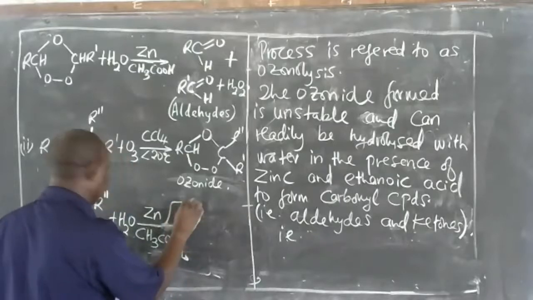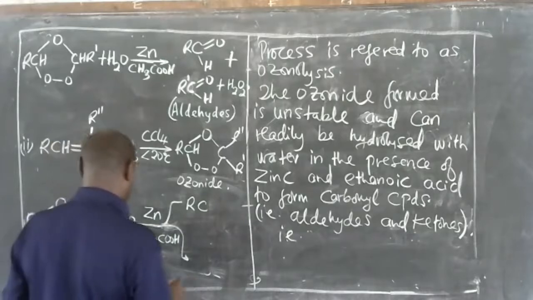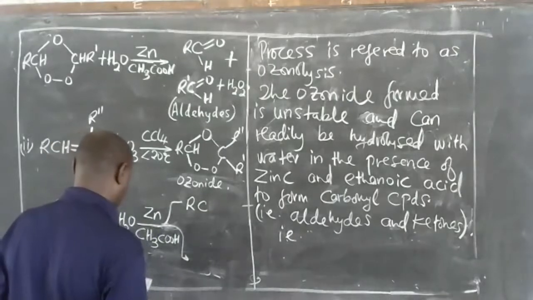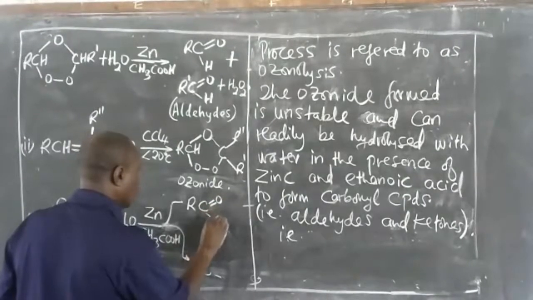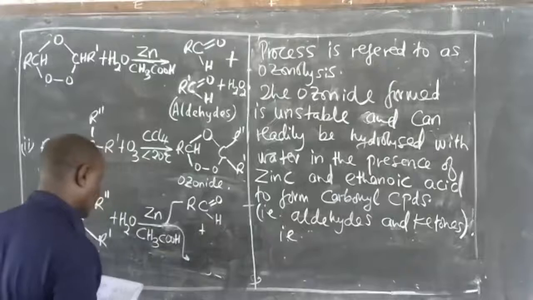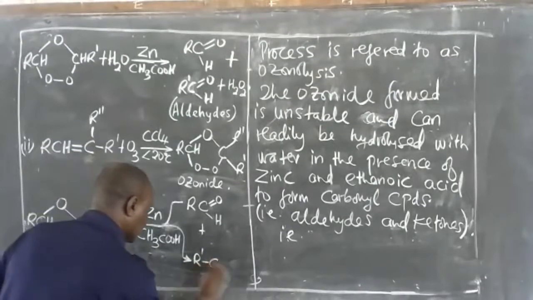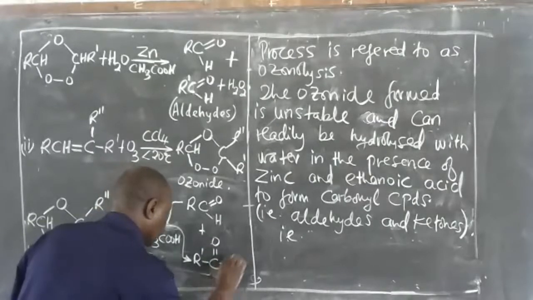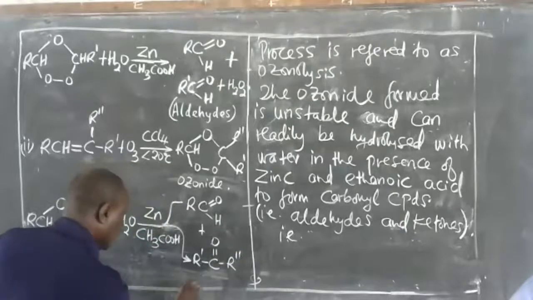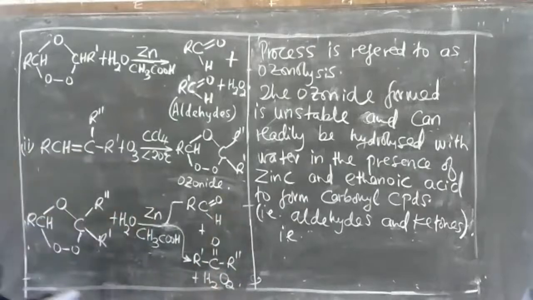So the product which you are going to get in this case is going to be RCHO plus R prime C double bond O R plus hydrogen peroxide.